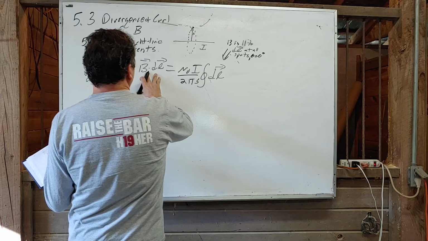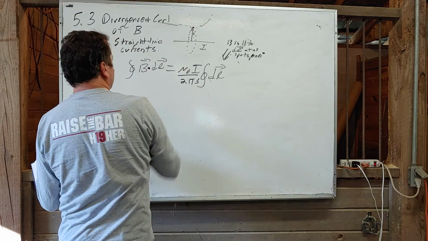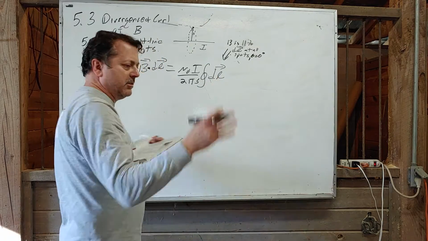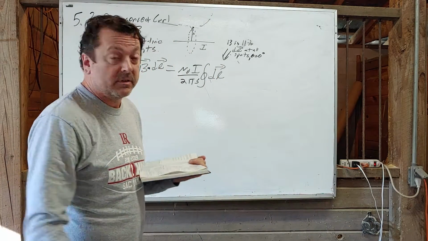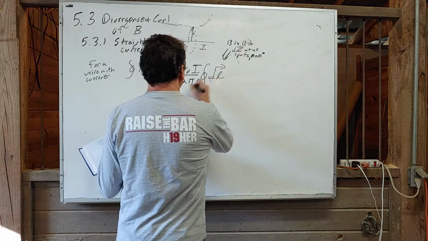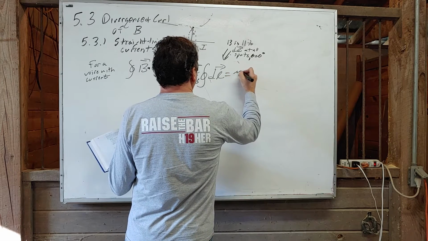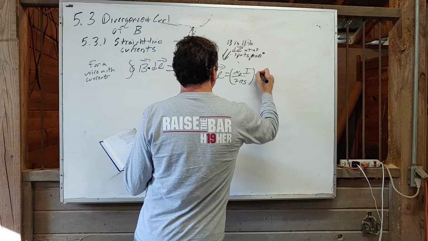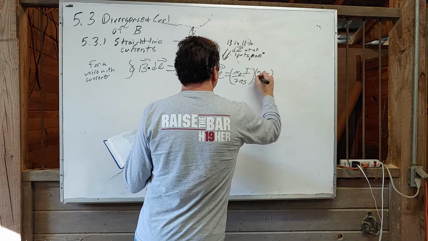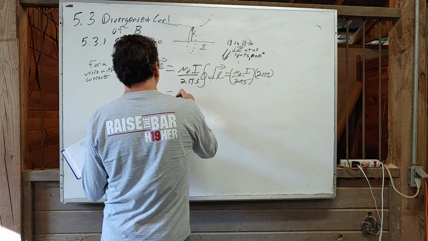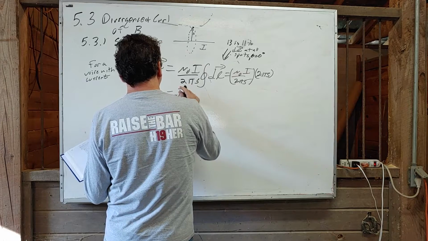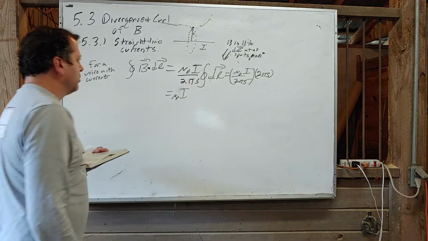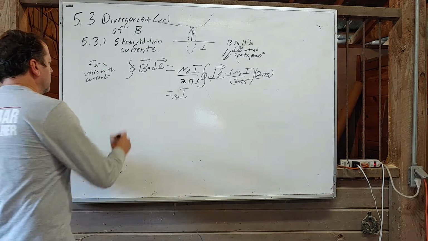That's the reason I was able to get rid of that dot product there. Okay? Now that's just going to be 2 pi times the radius because that's all the way around. Again, it's circumference. Integrating circumference. So that's mu naught I over 2 pi S times 2 pi S. That cancels, and we get mu naught I is what B.dl equals.